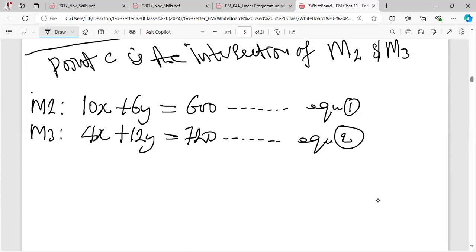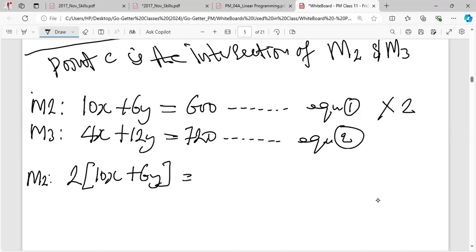Assuming we multiply the whole of equation 2 by 2, so we have 6 times 2 will give us 12, and we do nothing to equation 3. Okay, so look at what we'll do. We'll multiply this one here by 2. So our M2 will now be looking like this: 2 multiplied by 10x plus 6y is equal to 2 multiplied by 600.